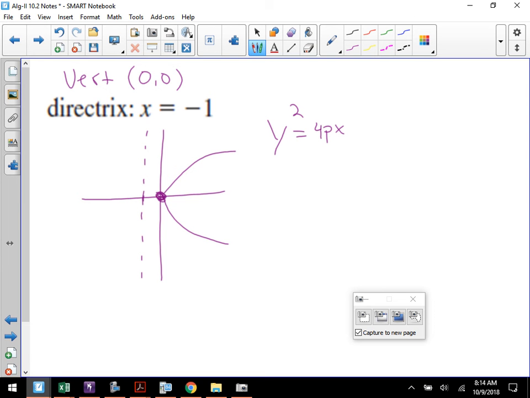If my distance from the vertex to the directrix is negative 1, what's the distance from the vertex to the focus going to be? 1. So what's your p value? 1. So your answer is y squared equals 4x. Just looks weird.